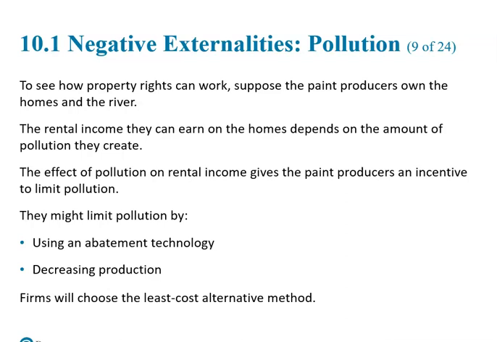So any decrease in the rent because of pollution in the river will basically mean that the money or the rent that the producers of paint are getting is reduced.